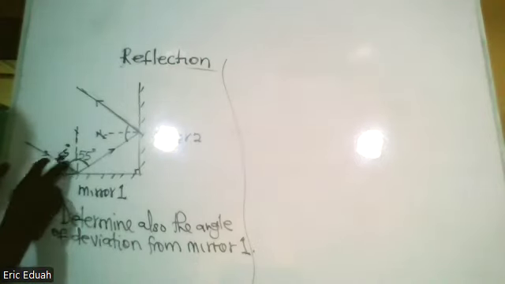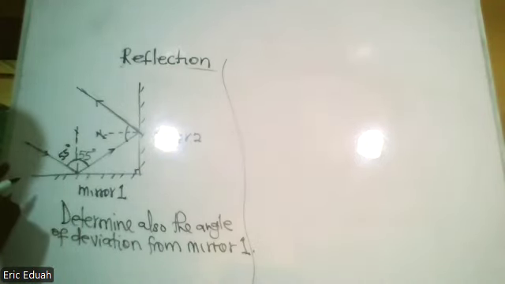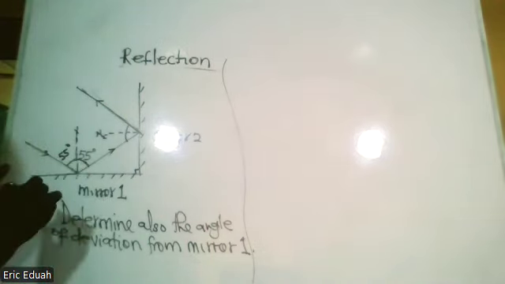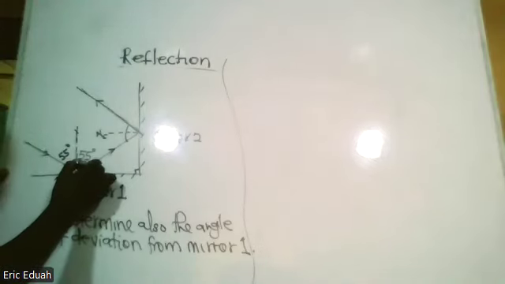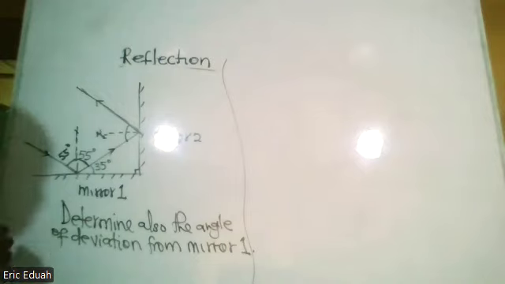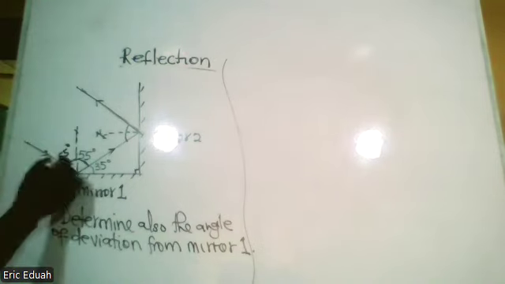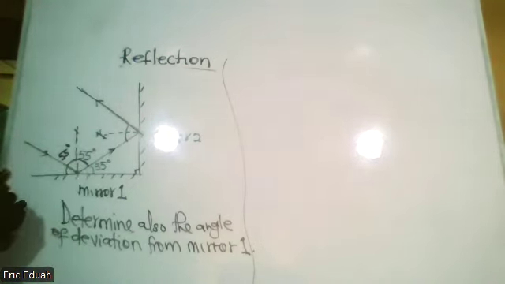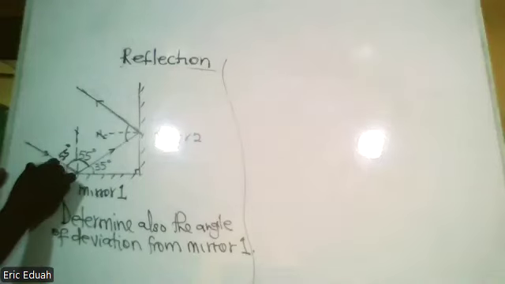Angle of incidence equals angle of reflection. If this is 55, then this, I guess, will be 35. True or false? The glancing angle would also be 35.